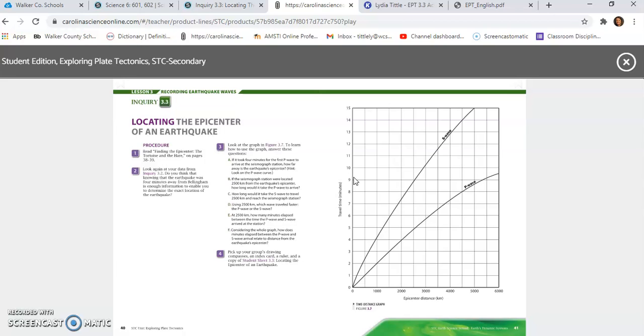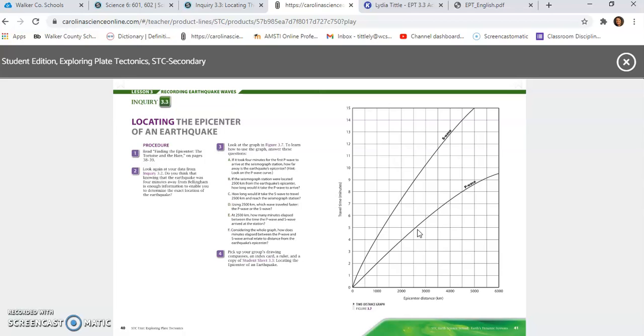All right, and then letter D, using 2,500 kilometers, which wave traveled faster, the P wave or the S wave? Well, at 2,500 kilometers, we remember that it took 5 minutes for the P wave, but it took 9 minutes for the S wave to reach the station. So that means that the P wave is faster.